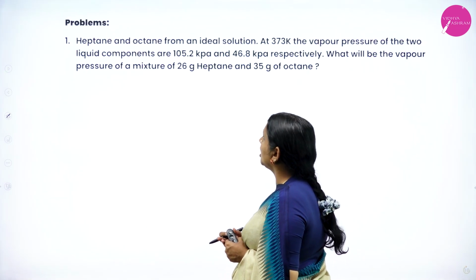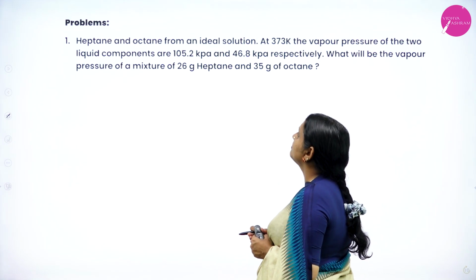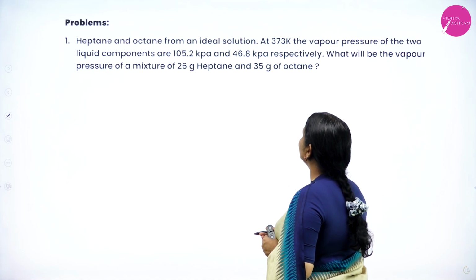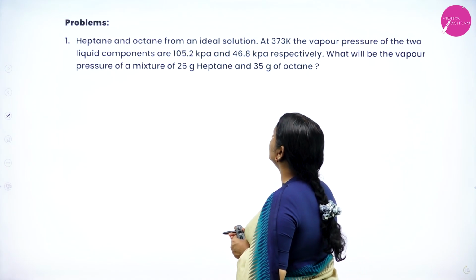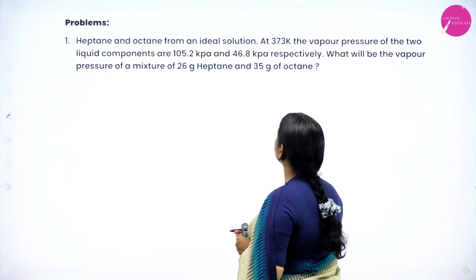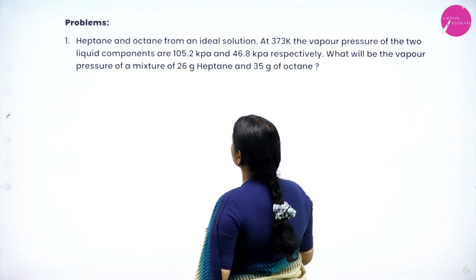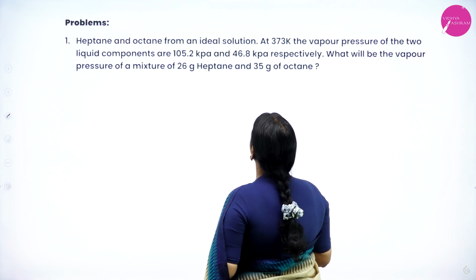Now, you have to solve problems regarding Raoult's law. So, please read the problem. Heptane and octane form an ideal solution. At 373 Kelvin, the vapor pressures of the two liquid components are 105.2 kilopascal and 46.28 kilopascal respectively. What will be the vapor pressure of a mixture of 26 gram of heptane and 35 gram of octane?